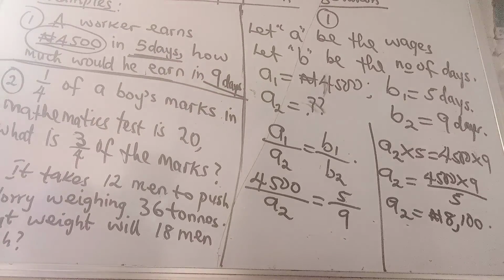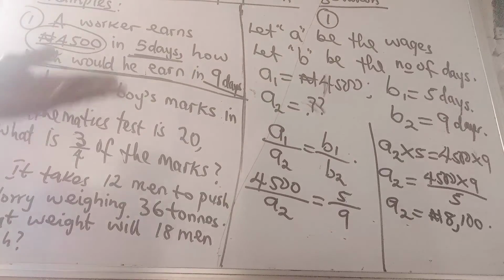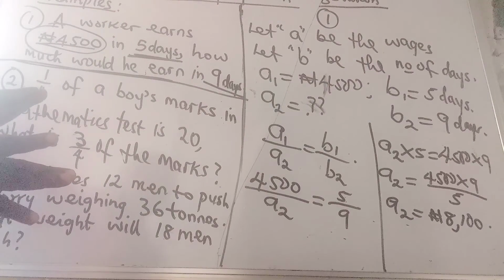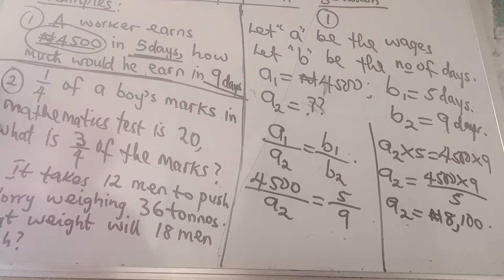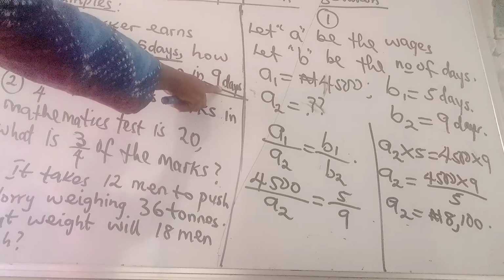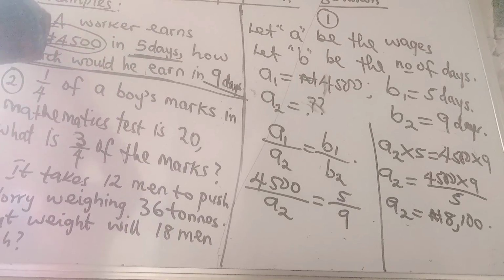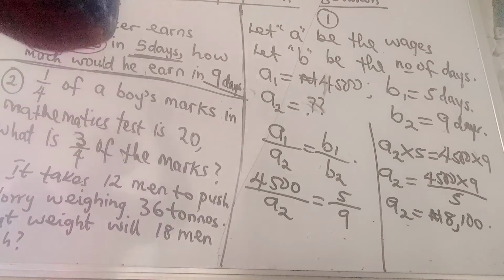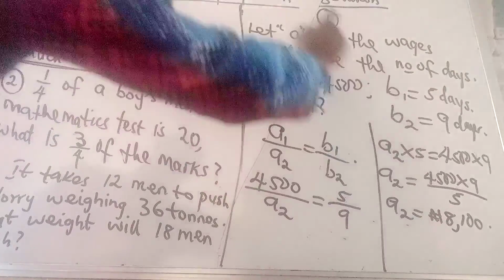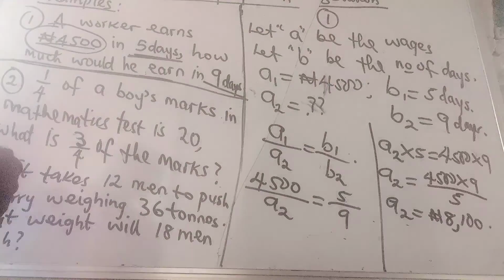It should be more, because the more days you work, the more you earn. That's the law of nature. So definitely that is direct. Once the number of days has increased from 5 to 9, definitely the wages also must increase from 4,500 to a higher value, which is 8,100. That's it.